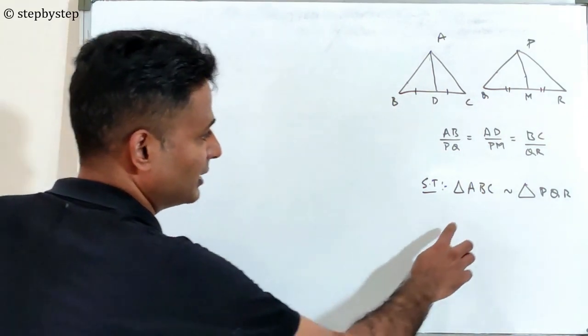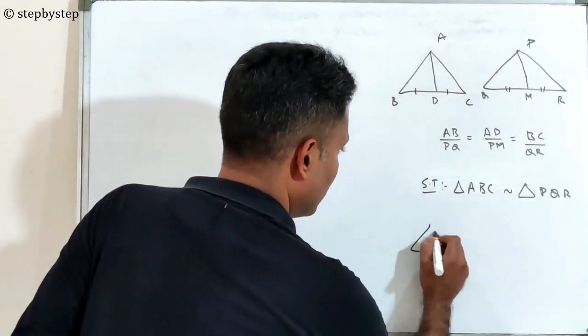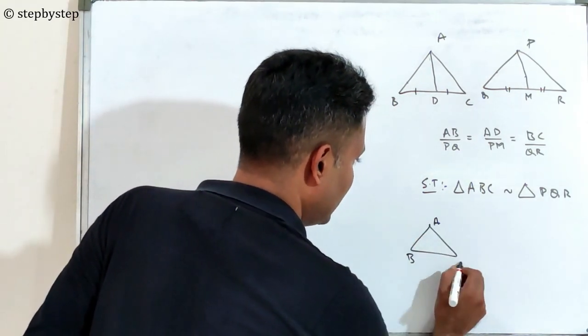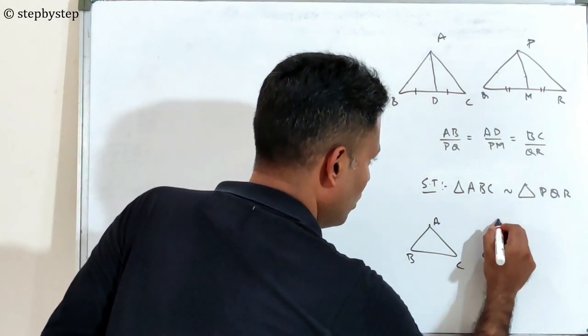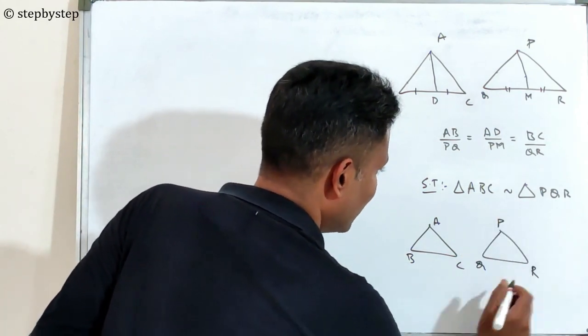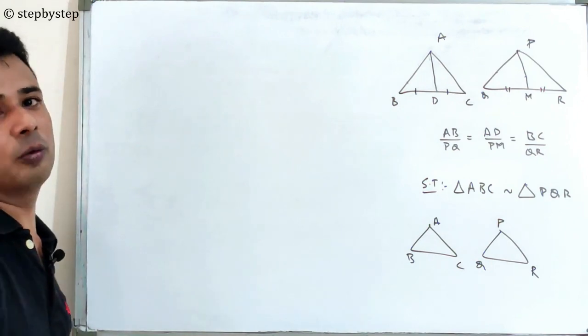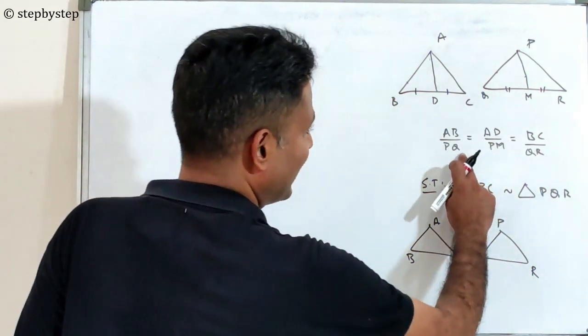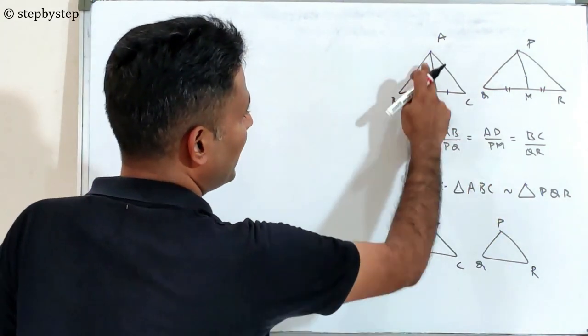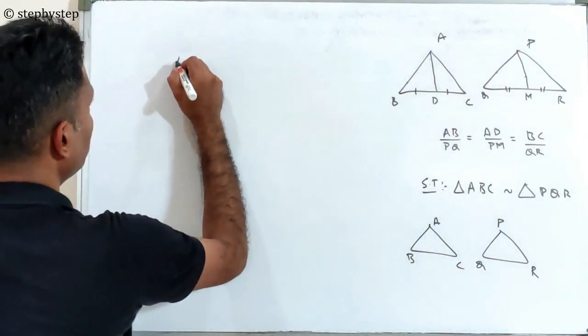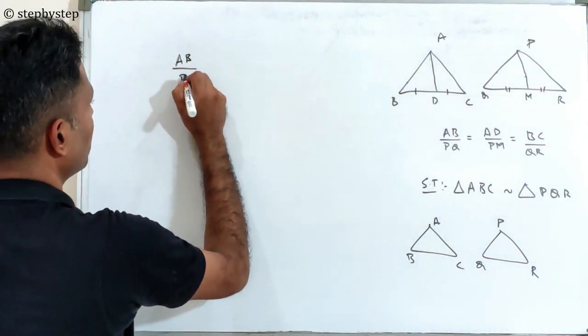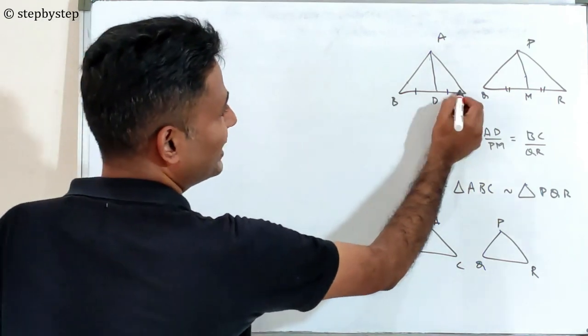So now they have asked us to prove triangle ABC congruent to PQR. We do not have anything now, right? So first we'll check this. Now AB by PQ is equal to BC by QR.